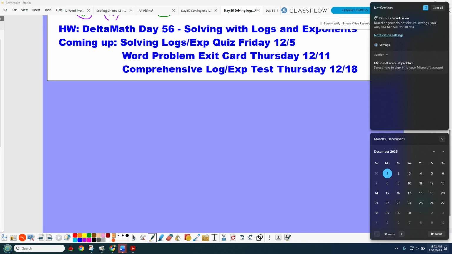In 5 years, how much money are you gonna have? Or you want to have this much money in 5 years, what interest rate do you need to get so that you can afford that, whatever. So you can afford to go to the Super Bowl or something. So, quiz Friday, exit card on Thursday next week, and then a test on all things logs on the 18th.